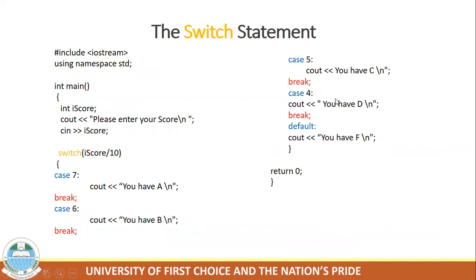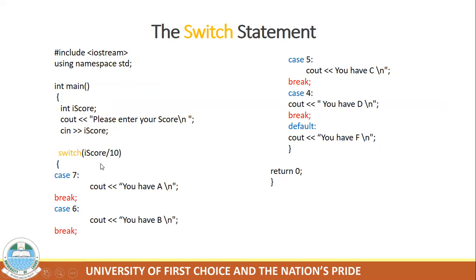Okay. So let's see how we use our switch statement. Now look at this program. You have a variable iscore of the data type int. You ask the user, please enter your score, and the user input is our score.